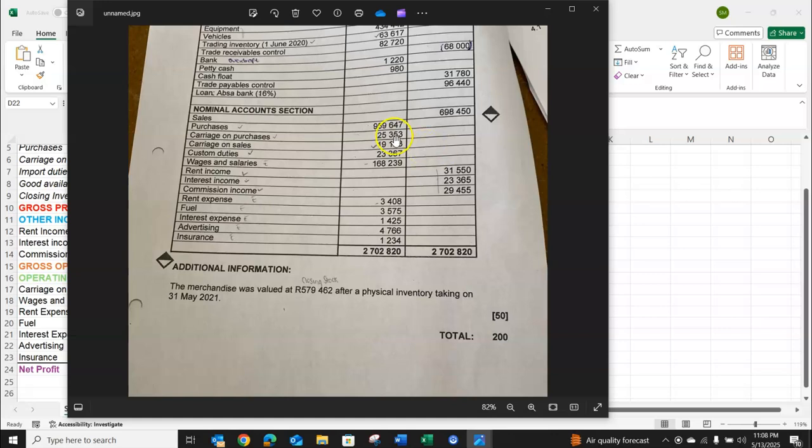So the first clue to understanding where we record this is that it appears on the debit side, which makes it an expense.